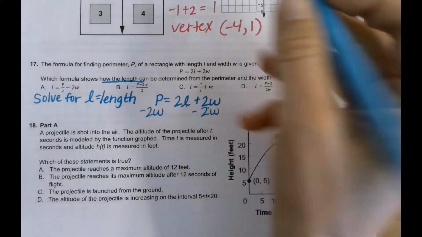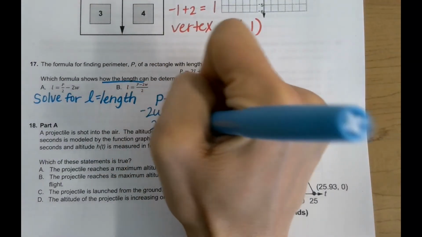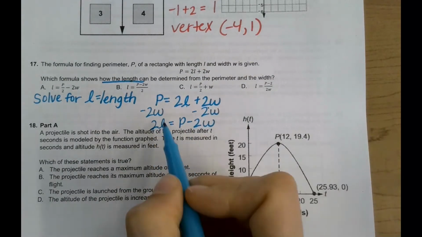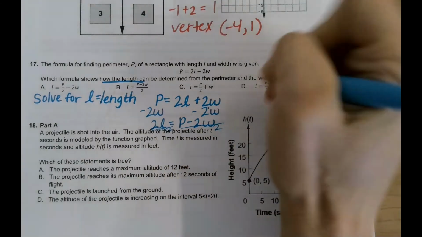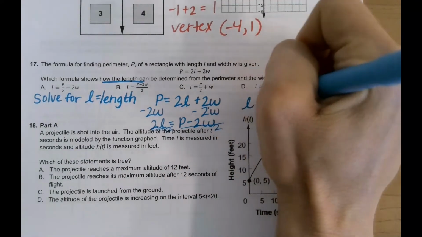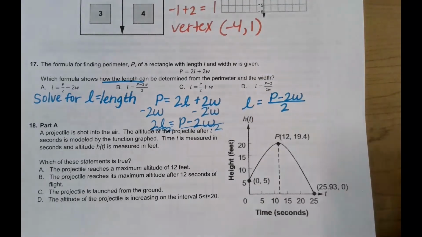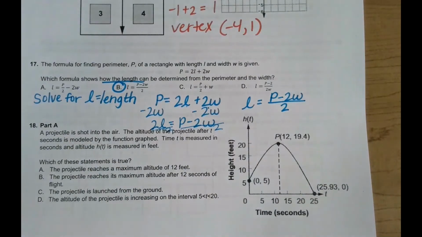Then I get 2L equals P minus 2W. 2 times L, I need to isolate my L, so I need to divide both sides by 2. L equals P minus 2 times W divided by 2. So that would give us letter B, option B.